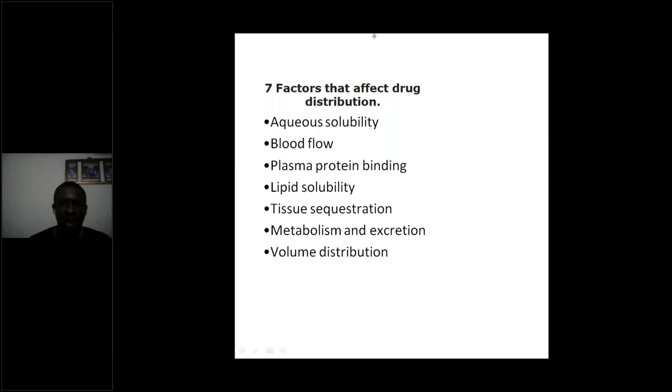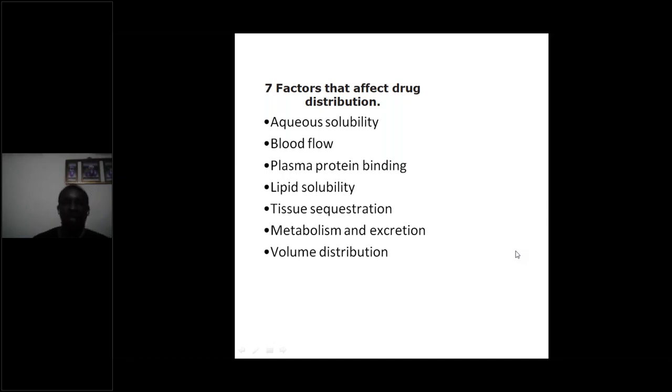Once again, as I stated in our last class, we have different things that affect the distribution of drugs. We have aqueous solubility, which talks about how soluble the drug is in liquids, in water, aqueous from aqua. Then we talk about the blood flow to the direction where we want the drug to take effect.